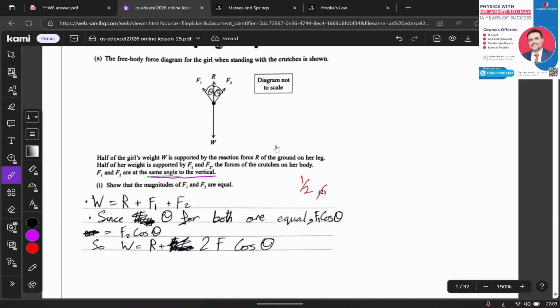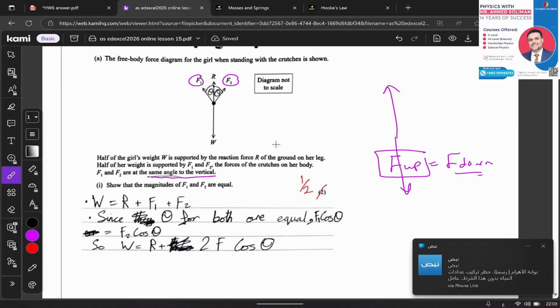So this is incorrect because, as you know, force up equals force down in case of equilibrium. But F1 and F2 are not upward. They have an angle with the vertical. So when I say F up, I mean vertical upward, and F down equals vertical downward.